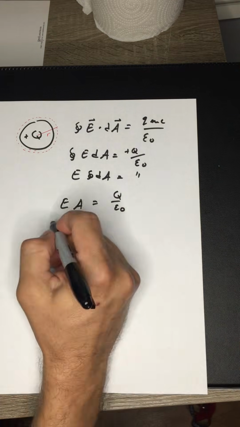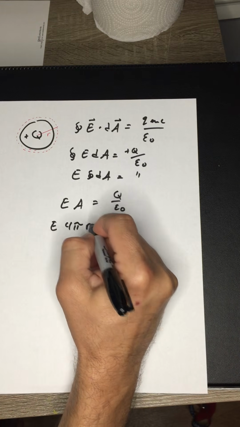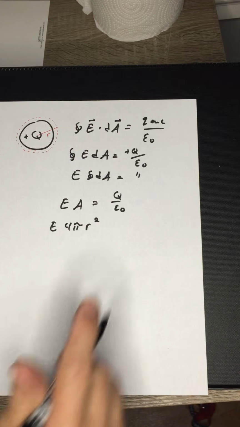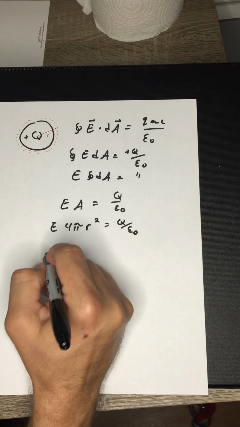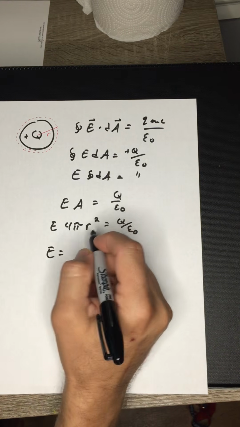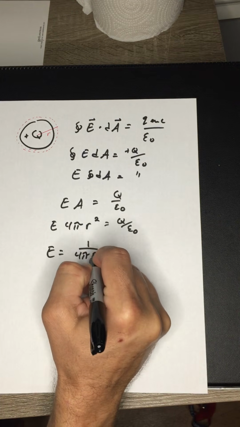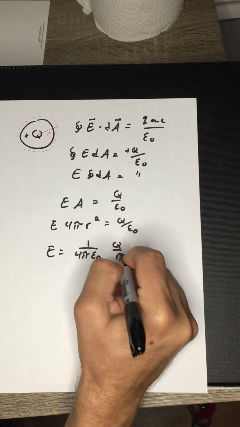Area of a sphere, E times 4 pi r squared. Again, I'm using r because this is the area of my Gaussian sphere. So E times 4 pi r squared equals Q over epsilon naught, then solve for E. Turns out E is equal to 1 over 4 pi epsilon naught times Q over r squared.